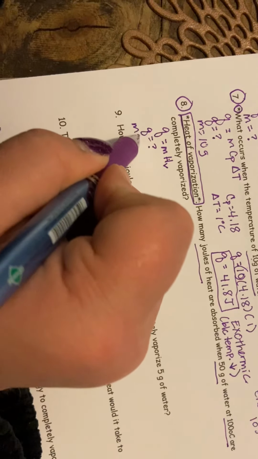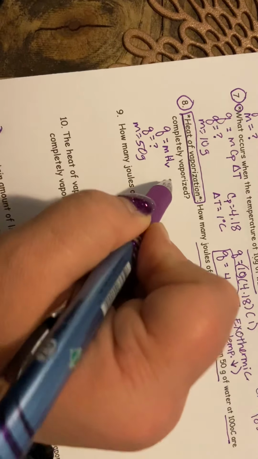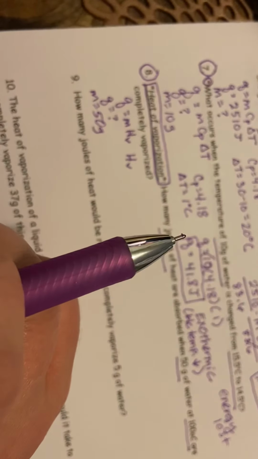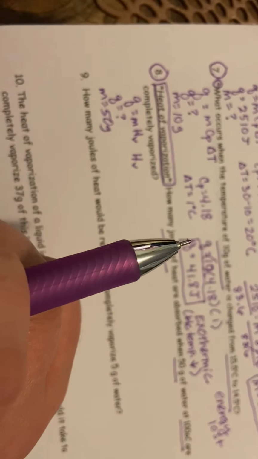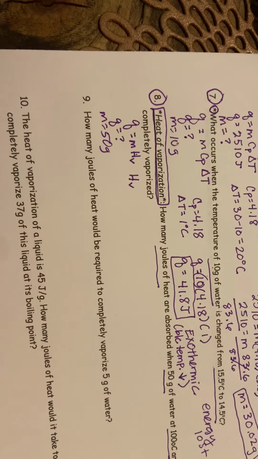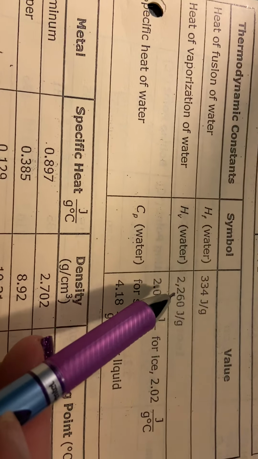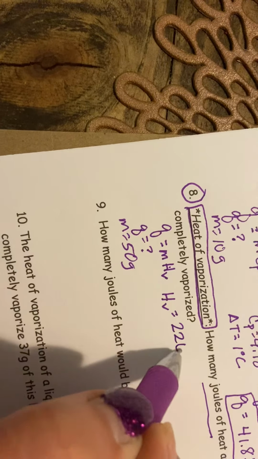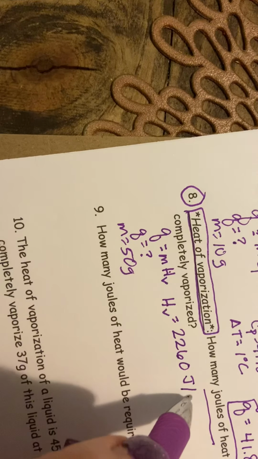We know mass is 50 grams. And the heat of vaporization of water, if you look at your reference tables, right there you will see that it's 2,260. So I'm just going to come over here and write this down, and that is joules per gram.